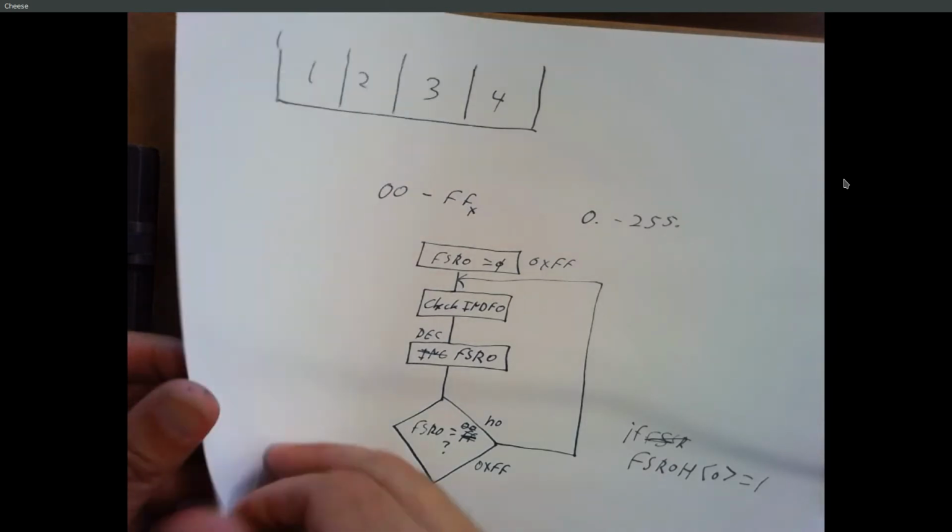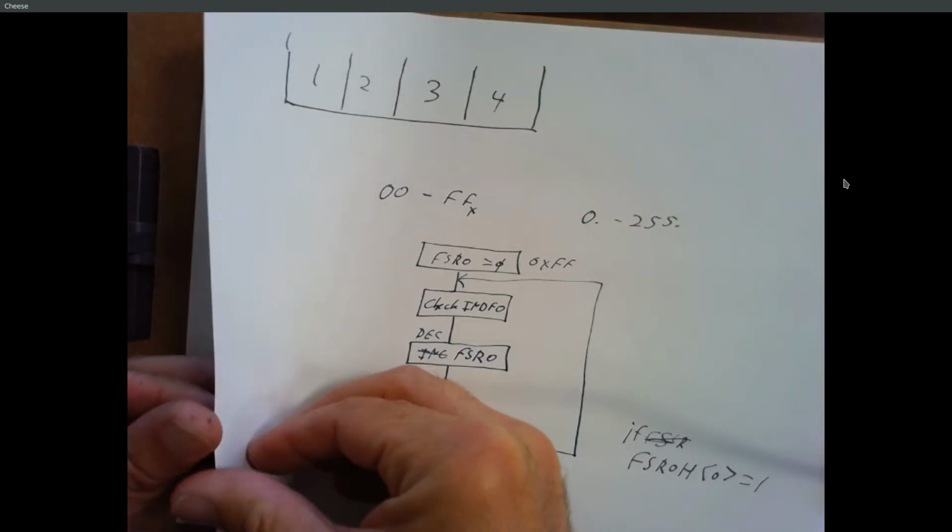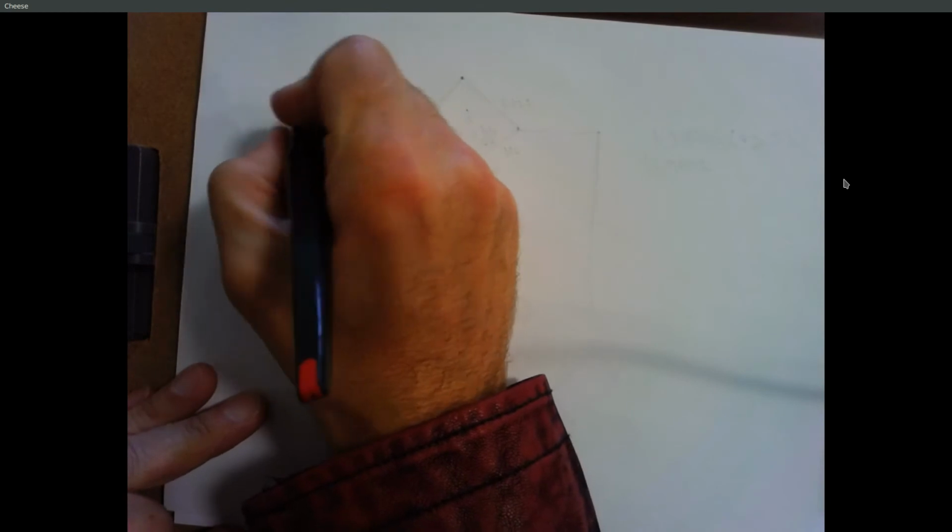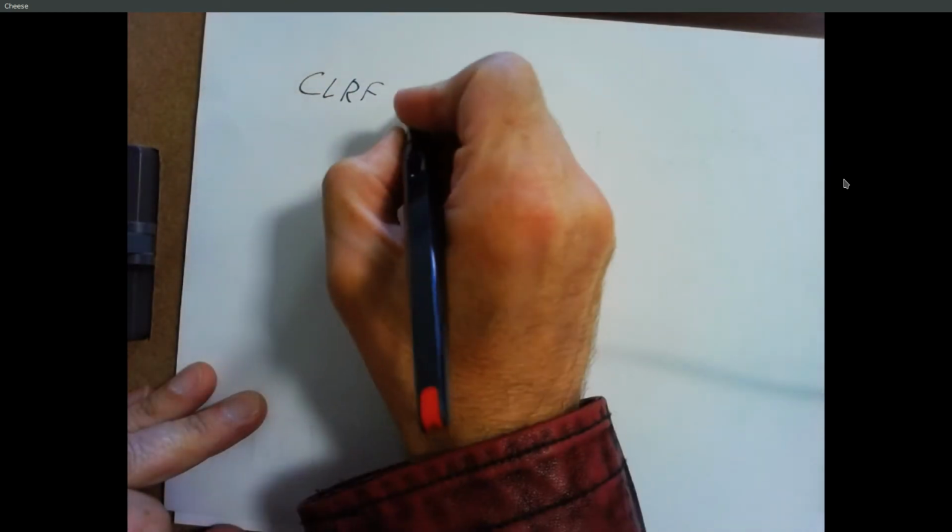All right, so other things that I saw in here, which may or may not have cost points. ClearF W is not going to do what you want it to do. ClearF is an instruction that expects a file register, and W is not a file register.